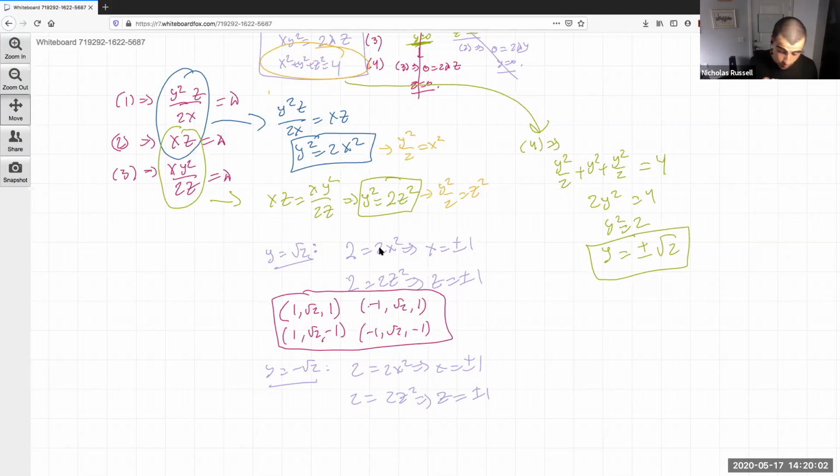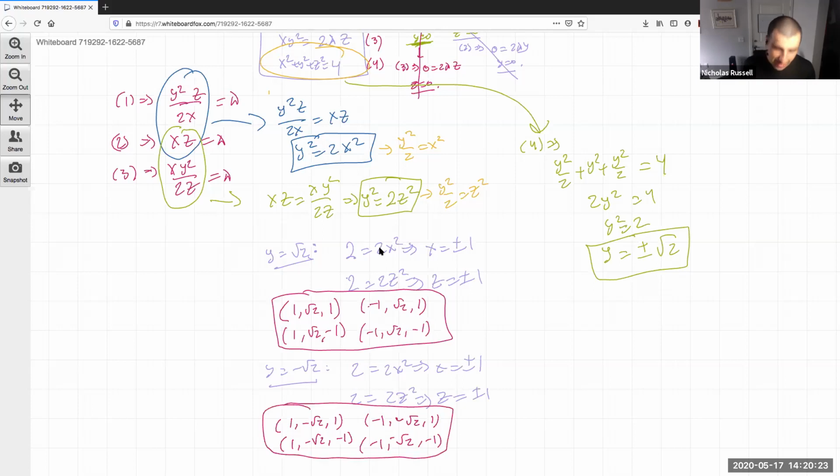And again, I would get 4 more in the same exact vein. I would get 1 negative square root of 2, 1, 1, negative square root of 2, negative 1, negative 1, negative square root of 2, 1, negative 1, square root of 2, negative square root of 2, negative 1. And so now I have 8 options.